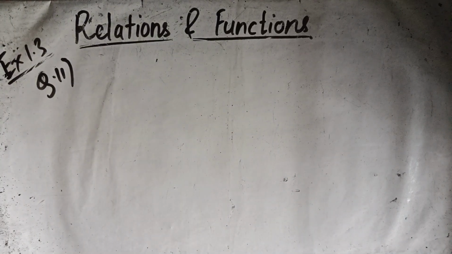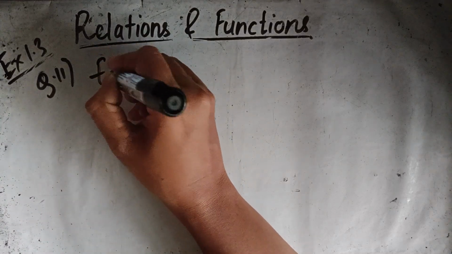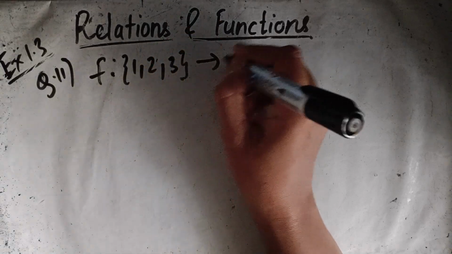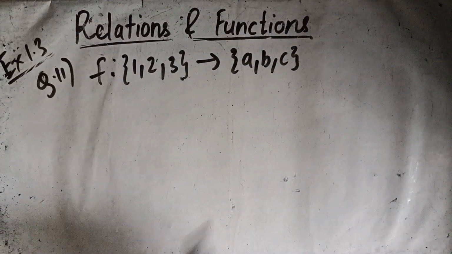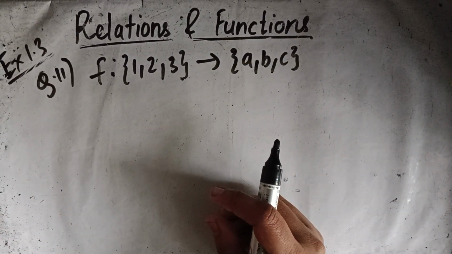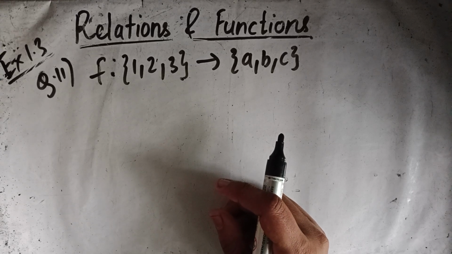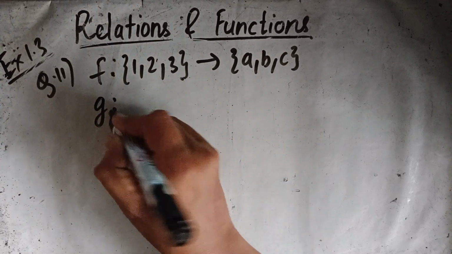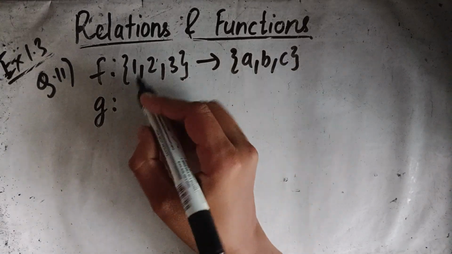So f is from {1, 2, 3} to {a, b, c}. First you have to find f inverse. This is the f function. The g function will be from {a, b, c} to {1, 2, 3}, right?